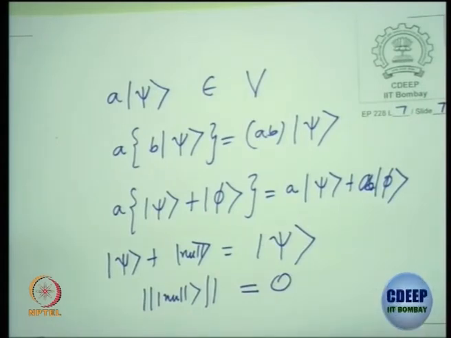If you add a null vector to psi, you get back the same state. A null vector will have norm 0, but how do you find the norm? That brings us to the concept of the dot product.